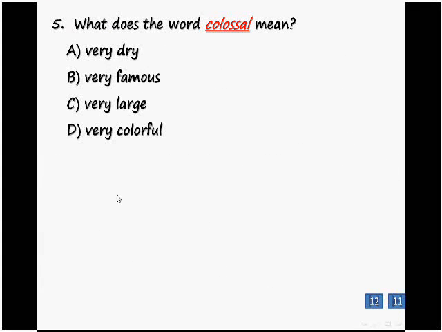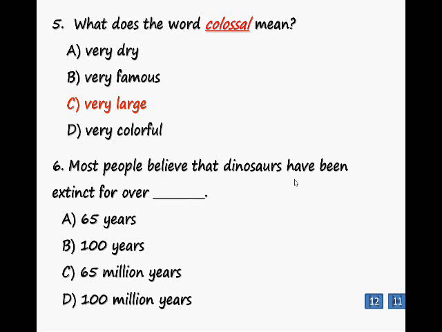So, is it very dry? No. Is it very famous? No. Is it very large? Yes. Is it very colorful? No. They didn't mention anything about its color, or whether it is famous or dry. Okay, so it's very large. And as you can see, this word is an adjective.